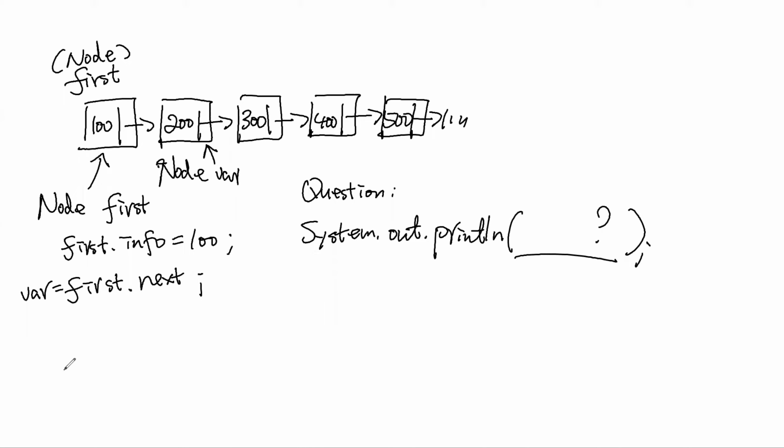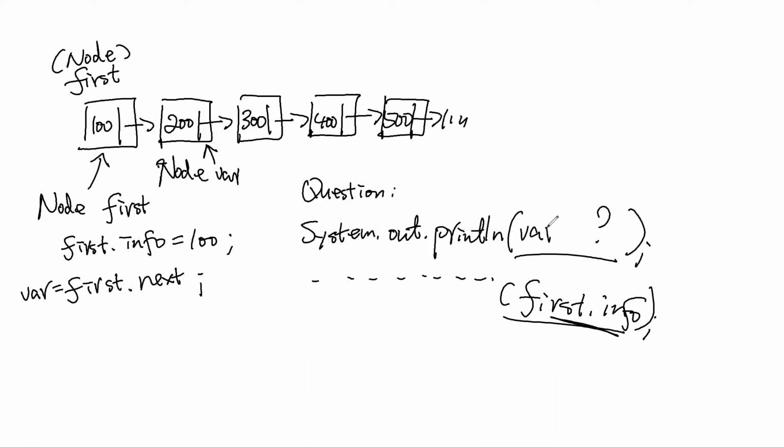Who remembers, or who knows how to solve this problem? I want you to output 200. For 100, it's easy: you do System.out.println first dot info. For 200, you say var.info. Yeah, that's correct.